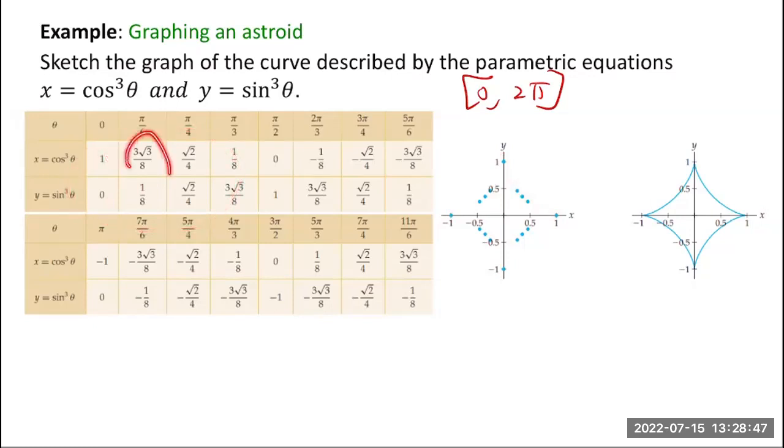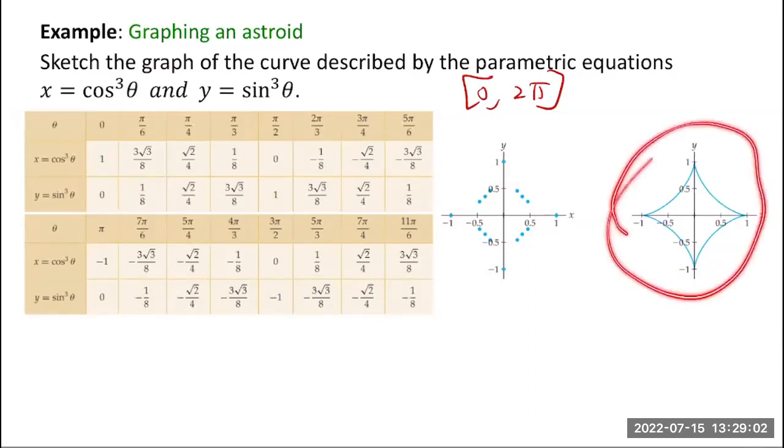The next point is this point, so it should be going this way. Okay, so this is the sketch of the curve given by the parametric equations. You should be able to sketch parametric equations following these steps.